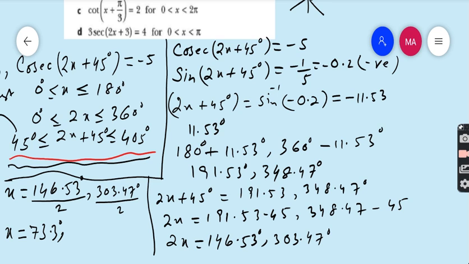Second angle is 151.7, and this is our final answer. So hope you understand how we do these kinds of trigonometric equations. Let's start part C.